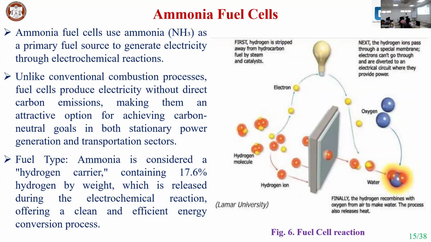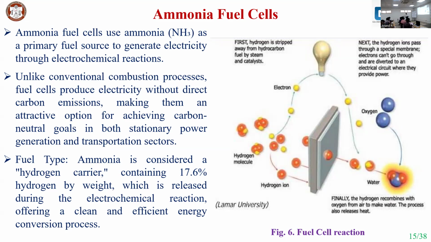The ammonia fuel cell also requires reforming. It uses ammonia as the primary fuel source to generate electricity through electrochemical reactions. Unlike conventional combustion processes, fuel cells produce electricity without direct carbon emissions, making them an attractive option for achieving carbon neutral goals. When you use ammonia at the anode side, you need to dissociate the ammonia, break it into nitrogen and hydrogen, and the nitrogen will be taken out.